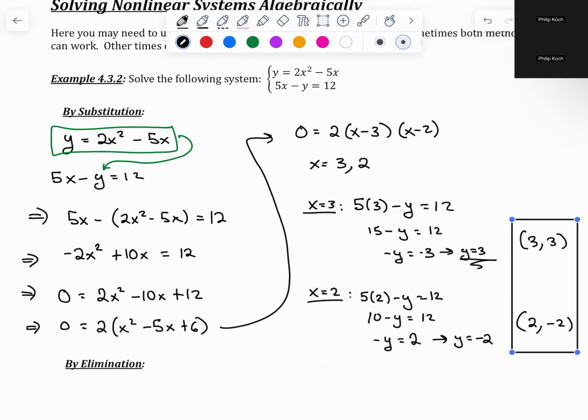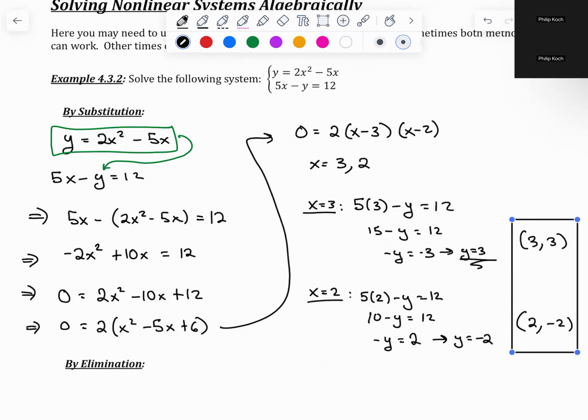And this will also start to make a lot more sense if we remember what these graphs look like. Y equals 2x squared minus 5x. What is that? Is that a quadratic, a parabola, or is that a cubic, or what is it? It's a parabola.